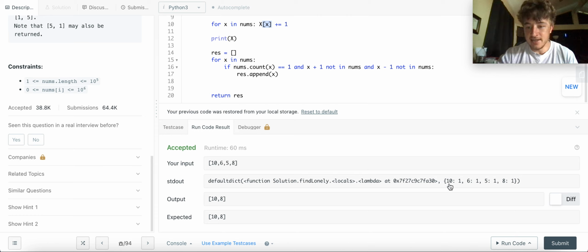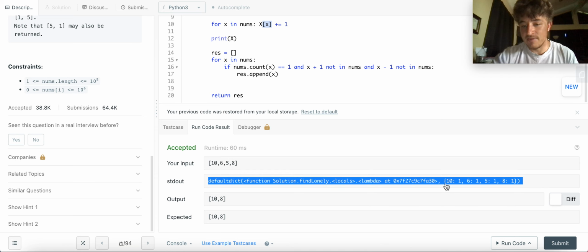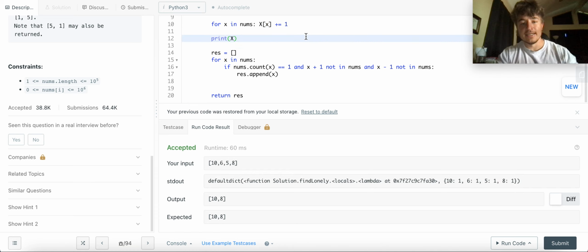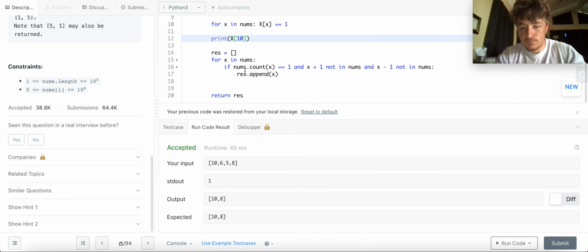So if I print it, this big X dictionary hash table has the values 10, 1, 6, 1, 5, 1, 8, 1. What that basically means is that 10 exists once, 6 exists once, 5 exists once, 8 exists once in the system. So if I did X of 10, I should get 1 because 10 exists once, right?